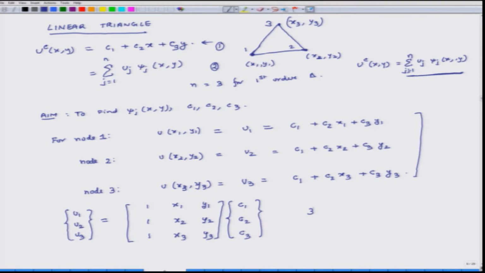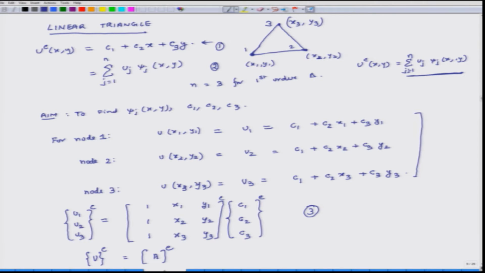Let us call this equation 3, or in brief I can write it as u^e, for the eth element, equal to some matrix A^e times a C vector for the eth element.